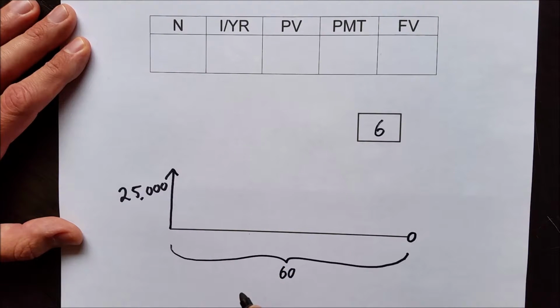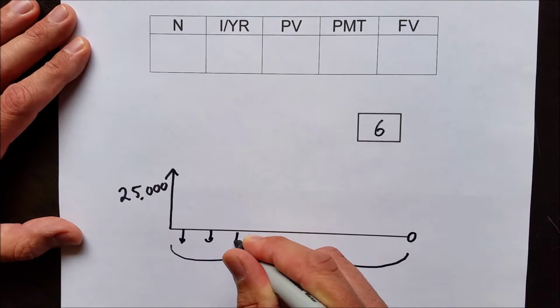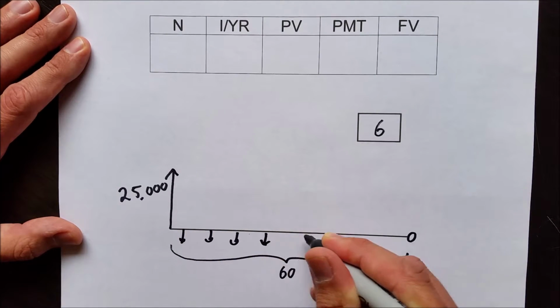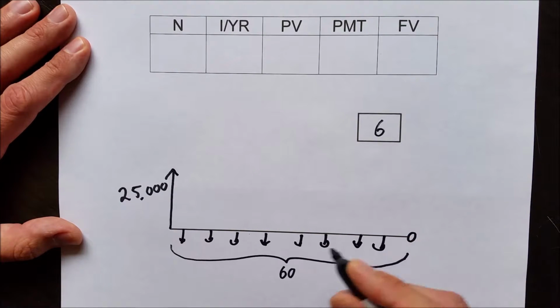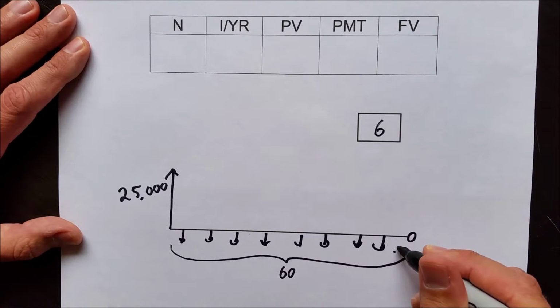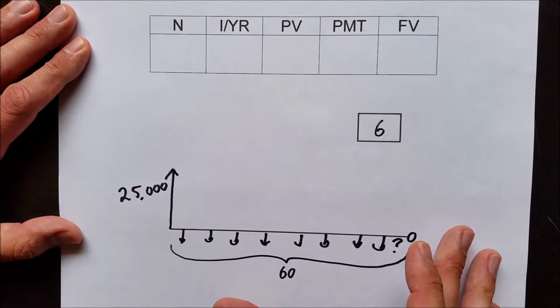How much are the monthly payments that Sheila will have to make every month? For that, we just have little down arrows, and these all represent payments that are coming out of Sheila's pocket to pay off the car loan. We don't know how much that's going to be, so we're just going to put a little question mark next to it.